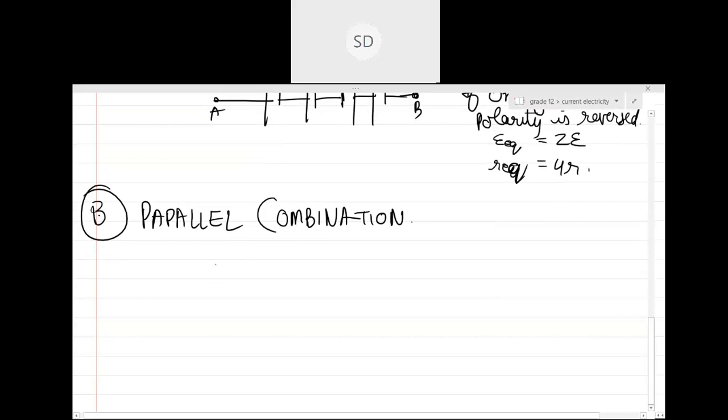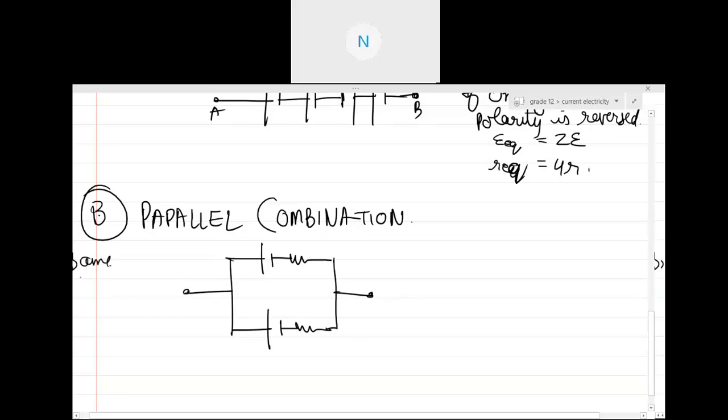Suppose, guys, there are two batteries which are connected in parallel with each other. Can you see E1 R1 and E2 R2 have the same polarity? Yes, sir. But please remember, here the same polarity will not be seen with the help of current.